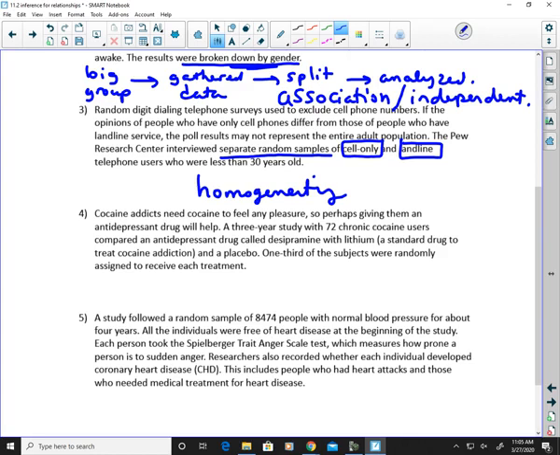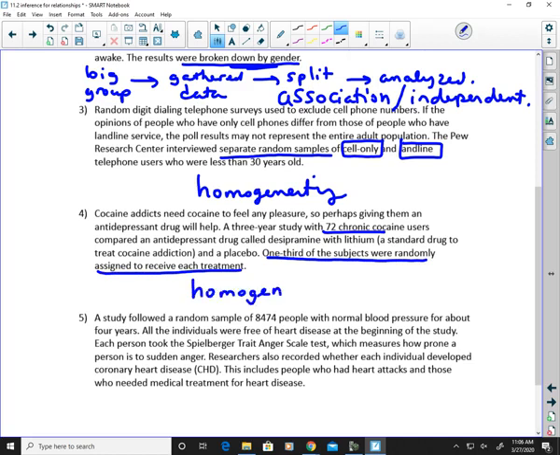Prior to gathering data, you've separated, even though you started with one big group, you have separated them into their treatments first, then gathered your data: homogeneity.